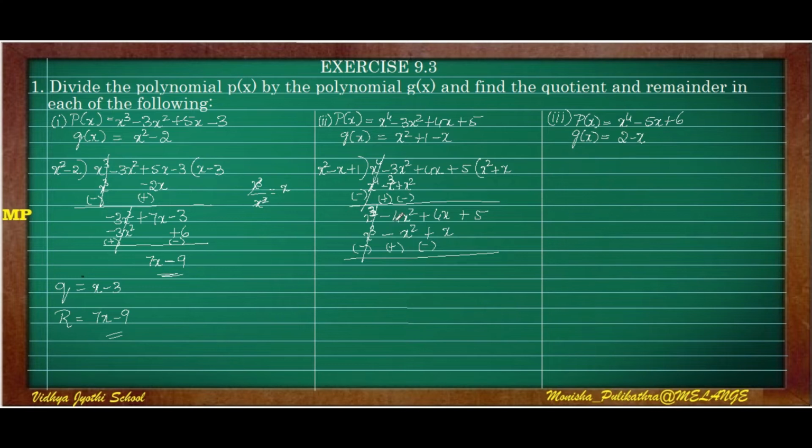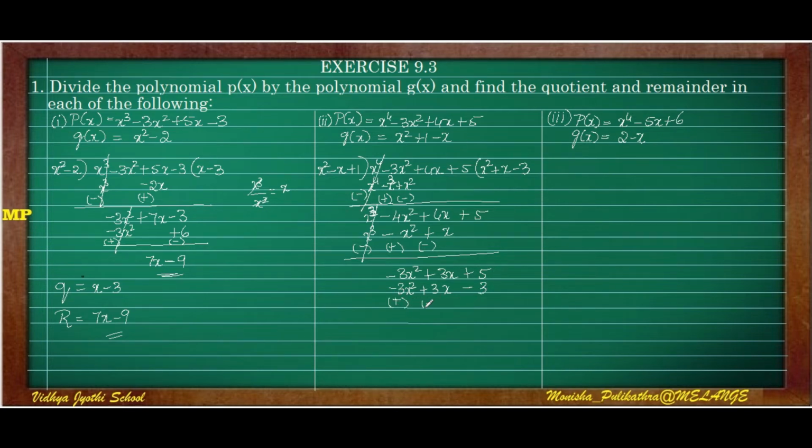So this will get cancelled. Minus into plus is minus 3x square plus 3x plus 5. Next, x square to become minus 3x square, multiplied by minus 3. So it will become minus 3x square plus 3x, and minus into plus is minus, 3 ones are 3.